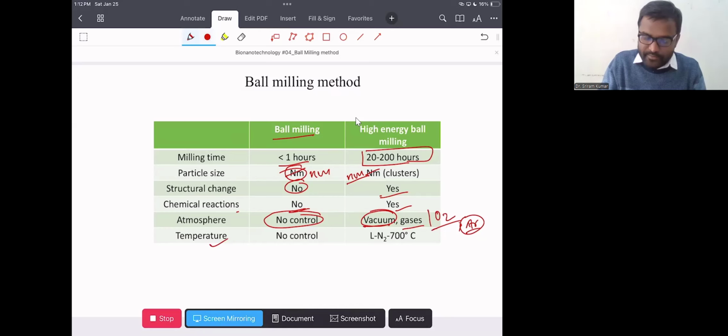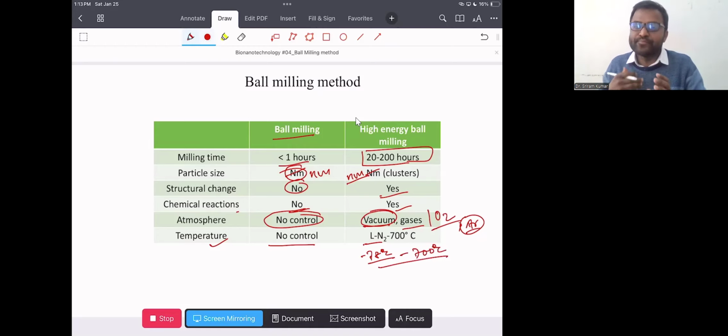And here we have another factor, that is temperature. In normal ball milling, we don't have control over temperature. However, in high energy ball milling, we have temperature variation from liquid nitrogen, minus 78 degrees Celsius, to 700 degrees Celsius.